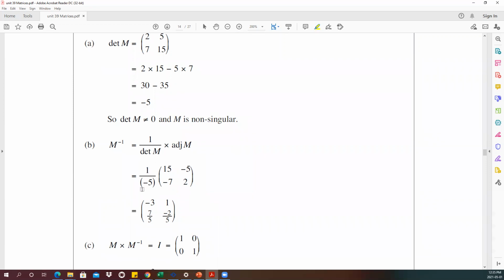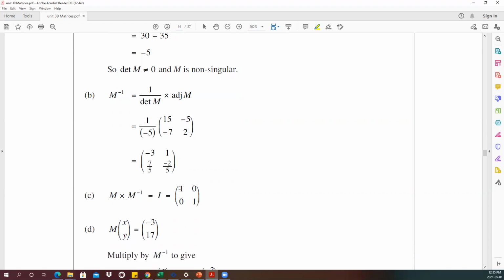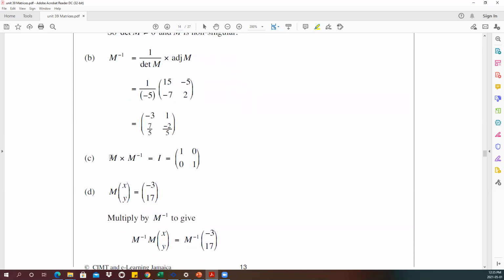This 1 over minus 5 is like a scalar, so you just multiply it throughout. You get minus 3, 1, 7 over 5 because minus times minus gives a positive, and minus 2 over 5. And we know that m times the inverse of m equals I, and I is just 1, 0, 0, 1.